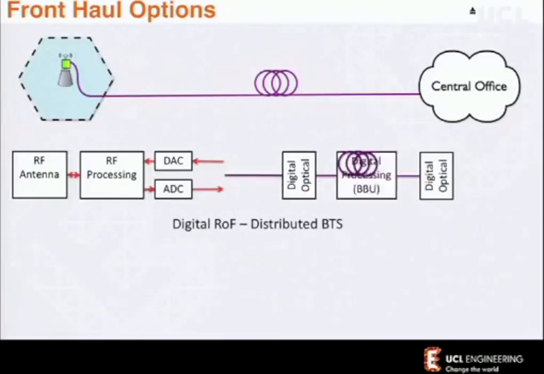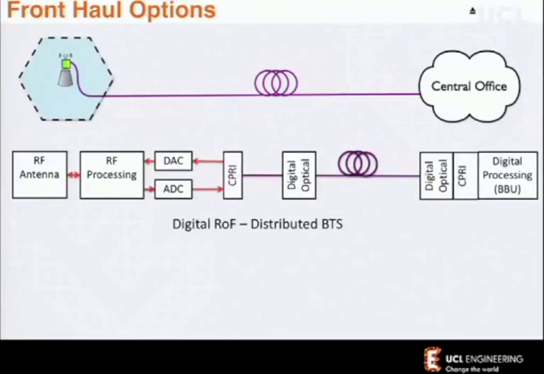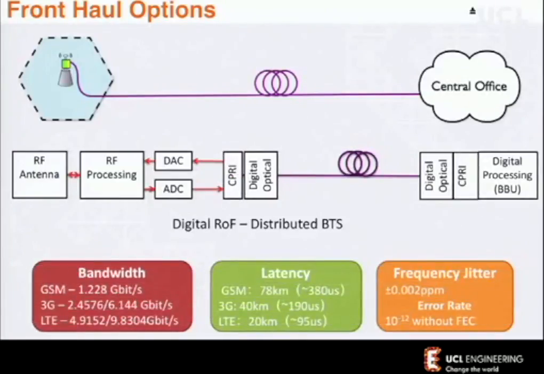So if we look at taking from a standard distributed system, you could move to a system where we now digitize at the front end. But rather than having our backhaul at the front end, at the cell site, we're on a CPRI interface. So we've digitized our signal, going from analog to digital, and we're transporting the digital version of our waveform over an optical interface.